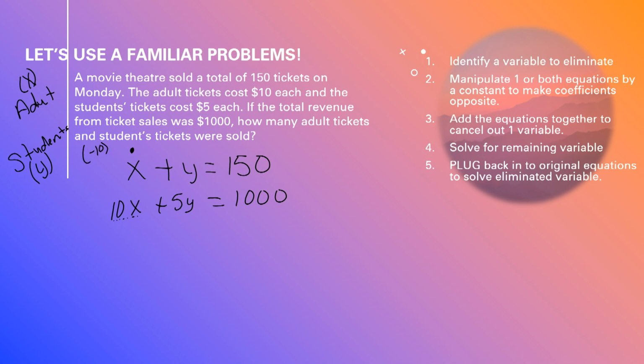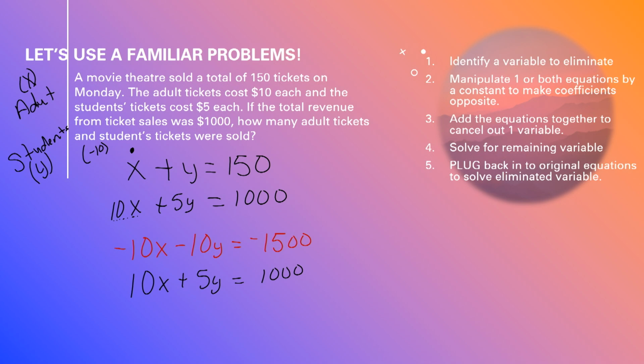Anything I do to an equation to one term, I must do for the entire equation. So I'm going to multiply this top equation, this whole top equation, by a negative 10. So I have negative 10x minus 10y equals a negative 1500. And then I'm going to bring that other equation down, 10x plus 5y equals 1,000.